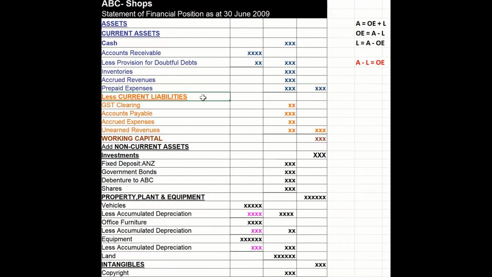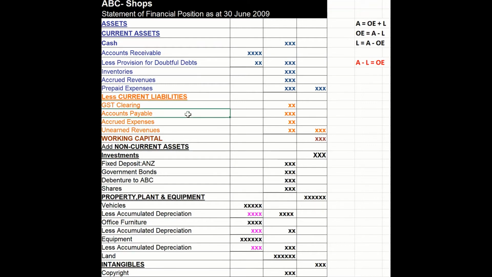I come to less current liabilities. Current liabilities are those liabilities that you want to get rid of first. The government, in other words, the GST clearing, is one of the things you want to get rid of first. If you had a bank overdraft, you would have that under current liabilities, and also on top here because of the high interest that you will pay on a bank overdraft.